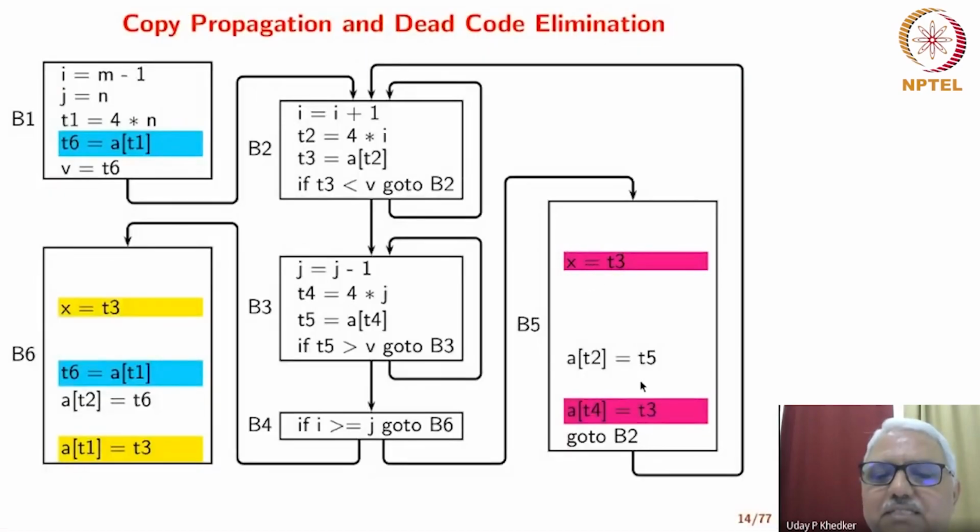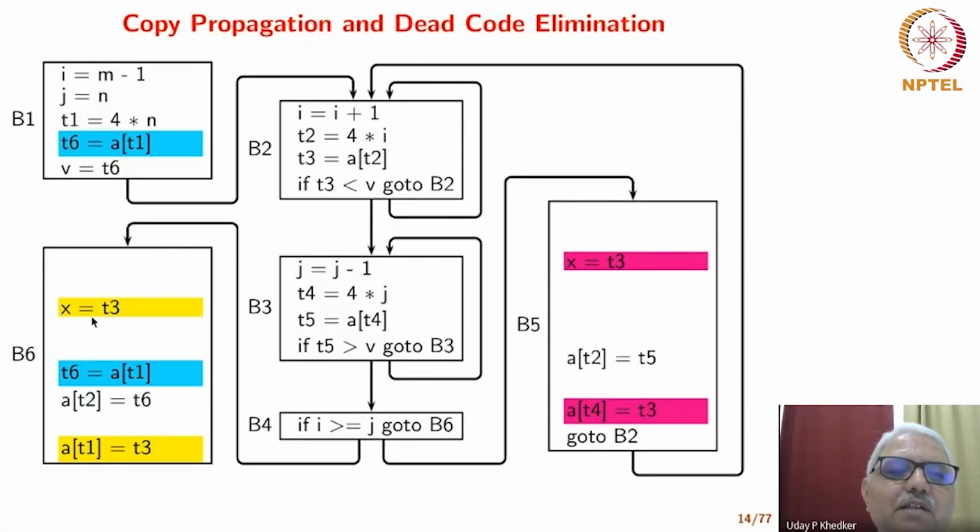We replace this X by T3 here. The advantage of doing that is, on its own, it doesn't optimize the program in any way. It doesn't get rid of any computation, but it enables another optimization called dead code elimination. What does it mean? After we have replaced X by T3, we find that there is no use of the value of X in the program.